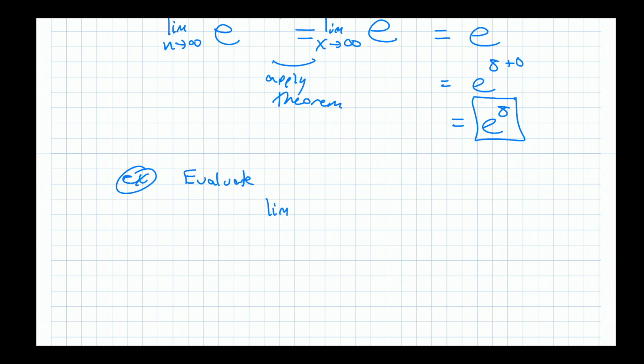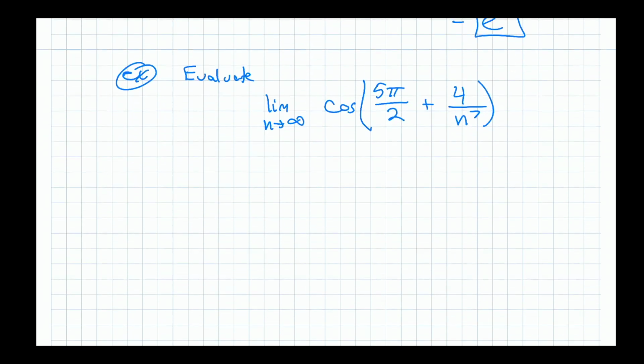Evaluate the limit as n goes to infinity of cosine of 5 pi over 2 plus 4 over n to the 7. All right, I'm not going to use the theorem this time. Just plug in infinity: 5 pi over 2 plus 4 over infinity to the 7, but that's just infinity.